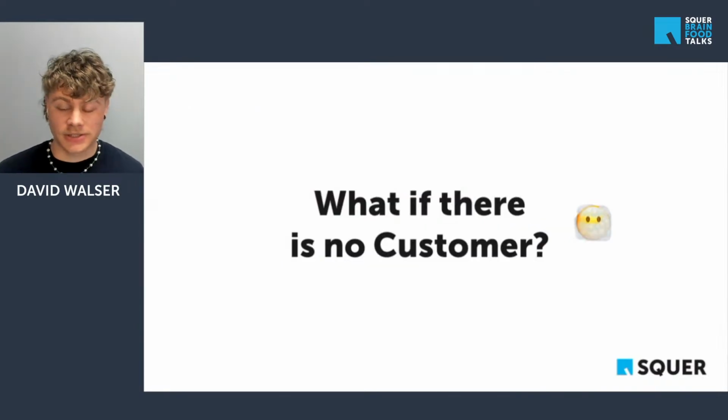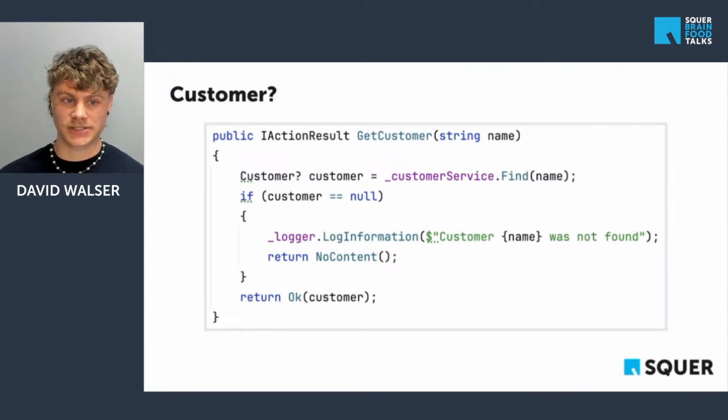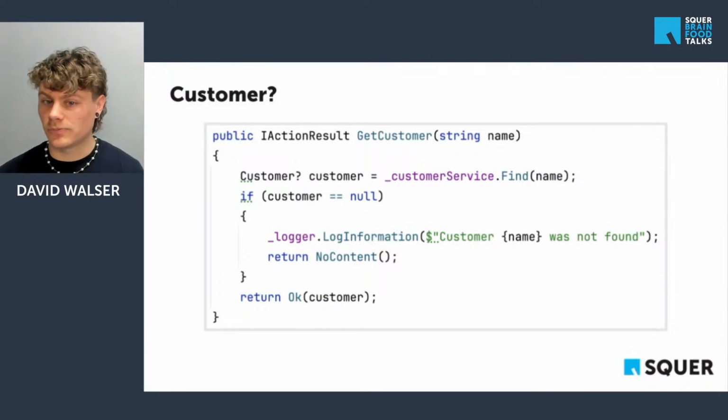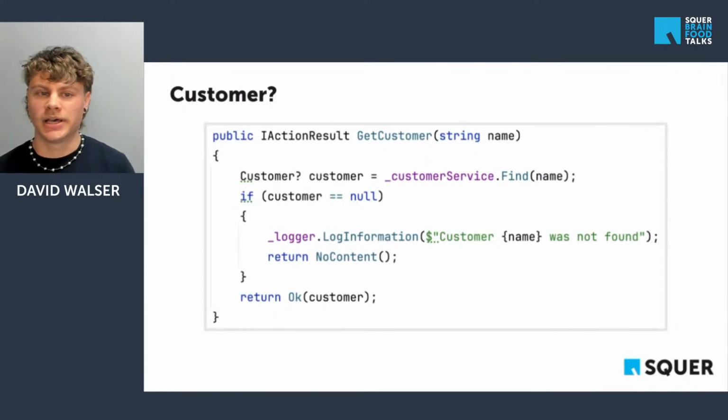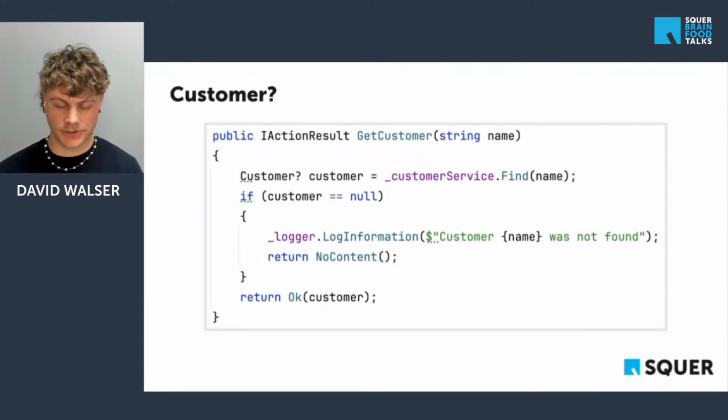But what if there is no customer? Well, we could make the customer nullable, check if the customer is null, do some logging and return no content since we did not find that customer. And if there's a customer, then we return the customer again, same as before.